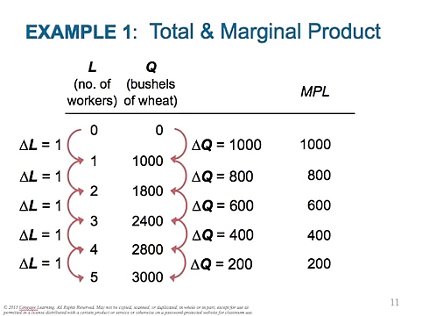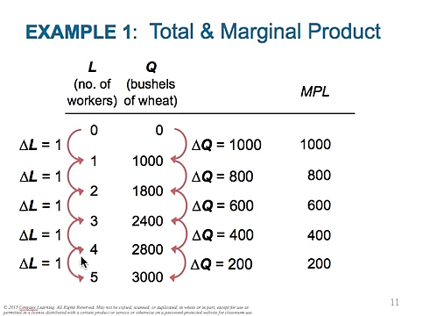So continuing example 1, the farmer example, we have again the number of workers 0 through 5, the number of bushels produced 0 through 3,000, and then we look at how it changes by adding 1 worker, another worker, a 3rd worker, a 4th worker. Each one of these changes is adding 1 more worker. So the change in labor is one more worker.